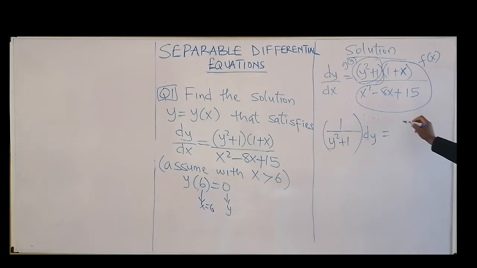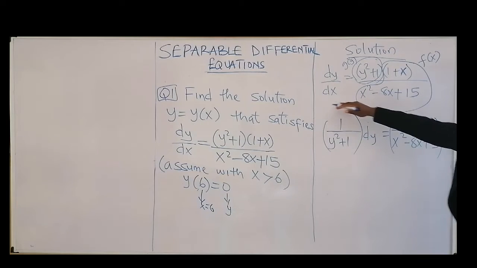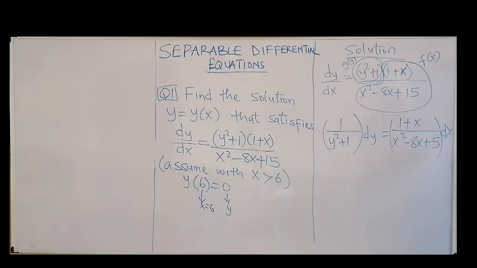Then here you have 1 plus x over x squared minus 8x plus 15, close the bracket also. Then multiply both sides by dx. So dx will leave this side, then you have it here. Then the next thing to do, you can introduce your integration, integrate both sides of the equation.